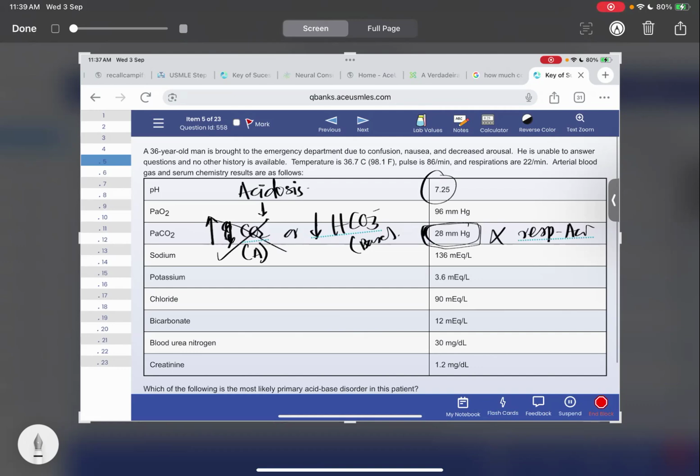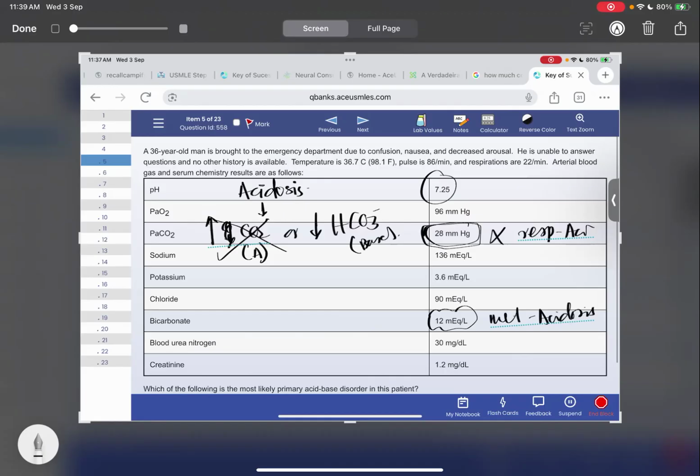Now look into the bicarbonate. Bicarbonate is low, so we have metabolic acidosis. Now you can tell the condition from the ABGs.